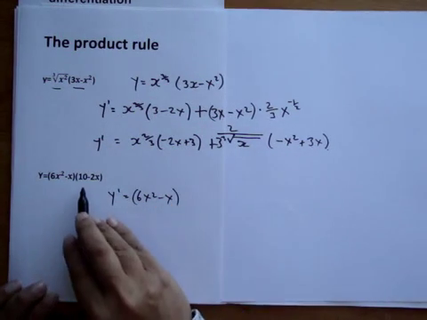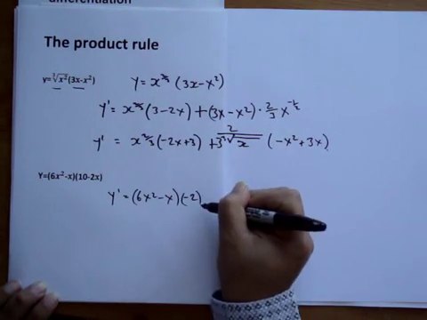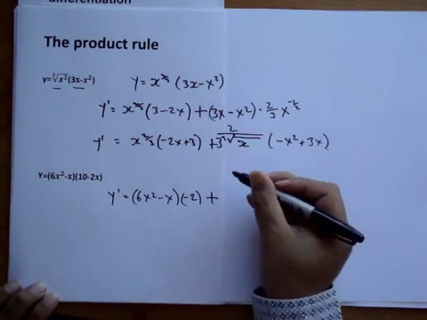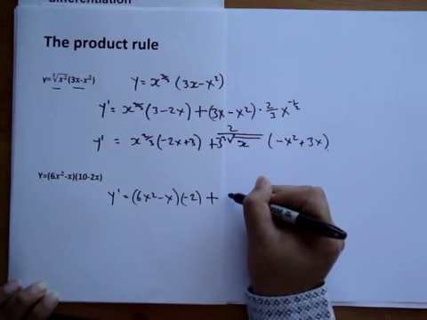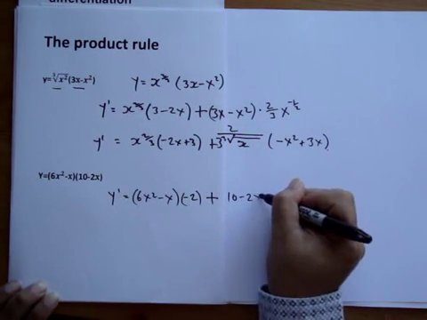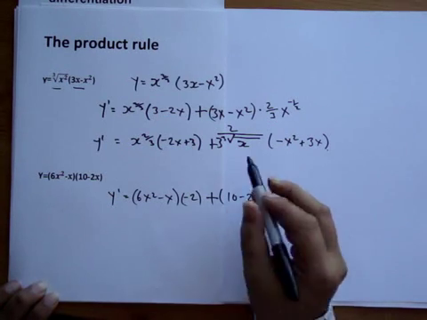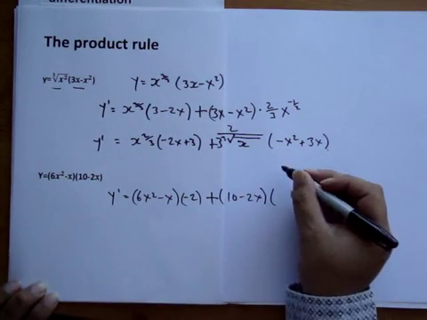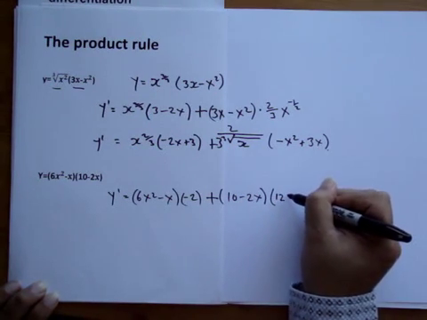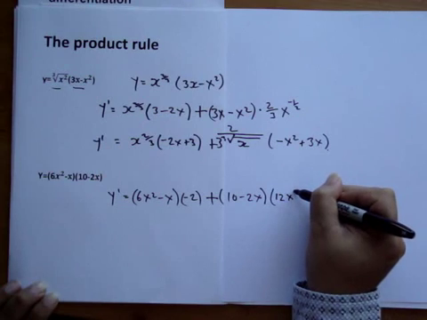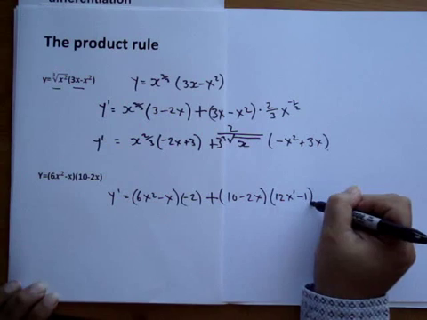Differentiate the second term and we get minus 2, plus, leave the second term alone, so that's 10 minus 2x, and multiply that by differentiating the first term, and that becomes 2, bring the 2 down, that's 12, and x^(2-1) is x, and then for the minus x that stays as 1.